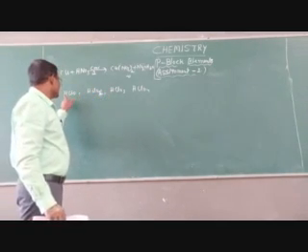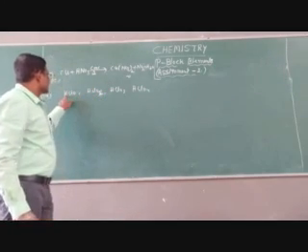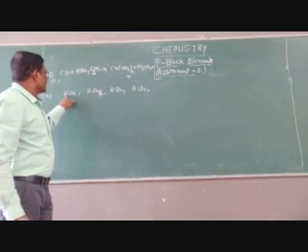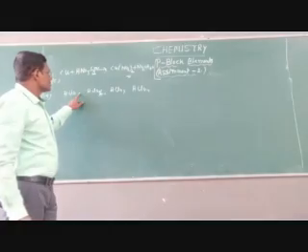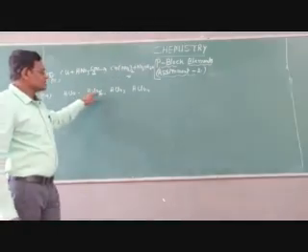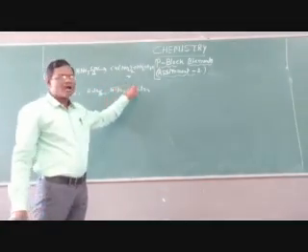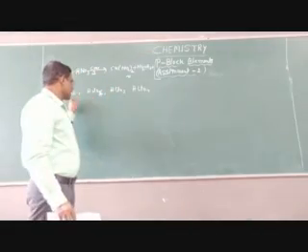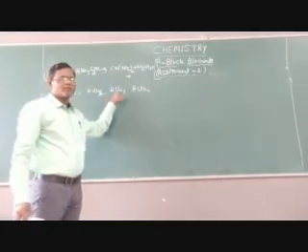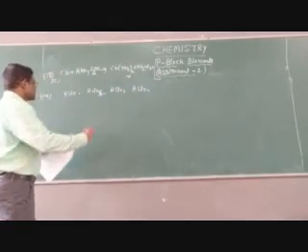This is called HClO, hypochlorous acid. This is chlorous acid. This is chloric acid. This is called perchloric acid. Hypochlorous, chlorous, chloric, perchloric. Now observe the oxidation number.